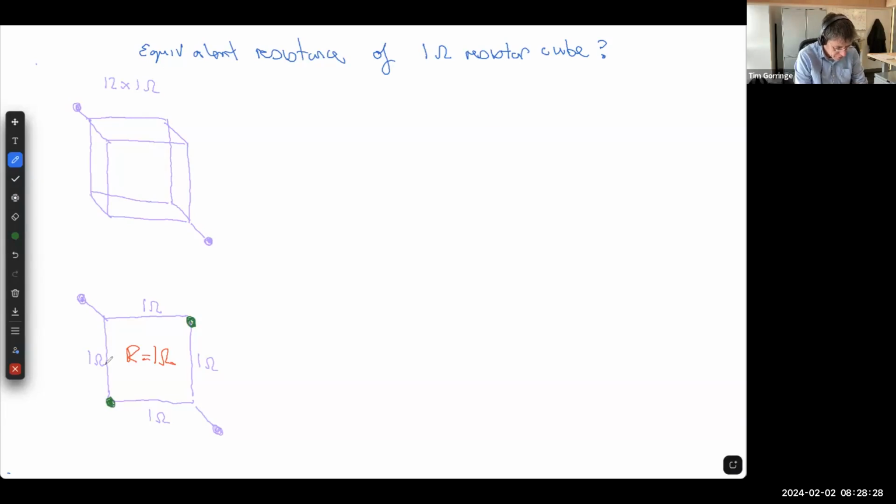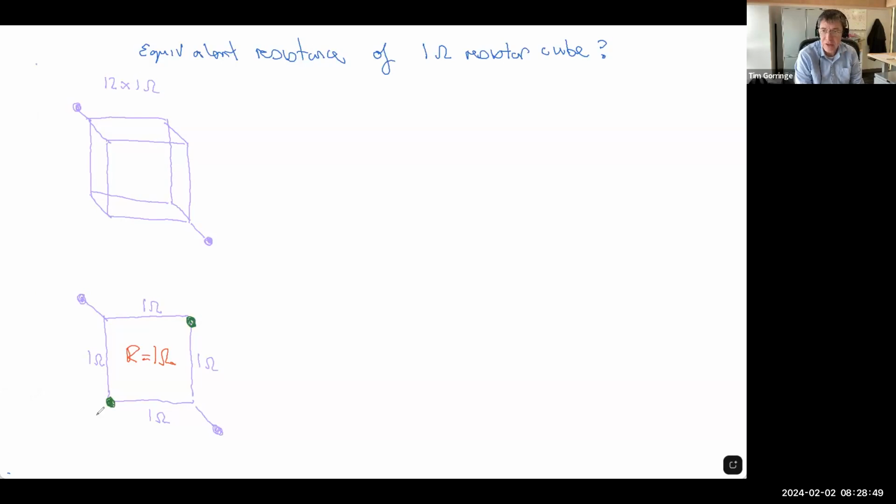The current that flows to the bottom left corner and the current that flows to the top right corner are equal currents. There's equal sharing of the current coming in at the top left terminal to go through these two locations that I marked in green. That's because the arrangement has a symmetry.